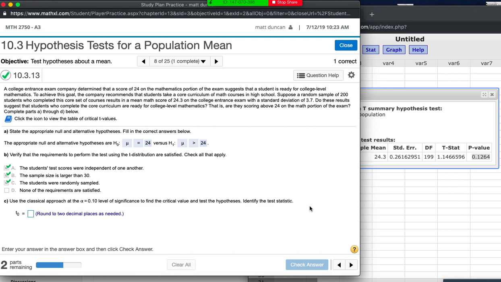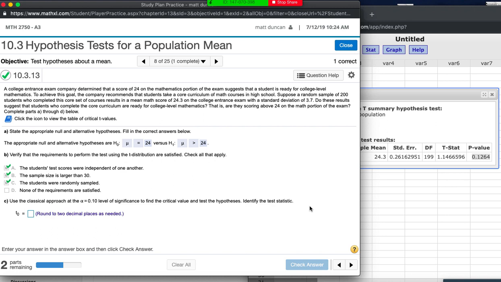And the other way is the p-value. Now, everybody generally prefers the p-value way because then it's just, okay, p-value, compare it to your alpha, and you're done. If the p-value is below alpha, you reject the null and accept the alternative and say there was enough evidence. If the p-value is bigger than your alpha, then you fail to reject the null and you don't have enough evidence to support the alternative. So that's generally a lot easier way.